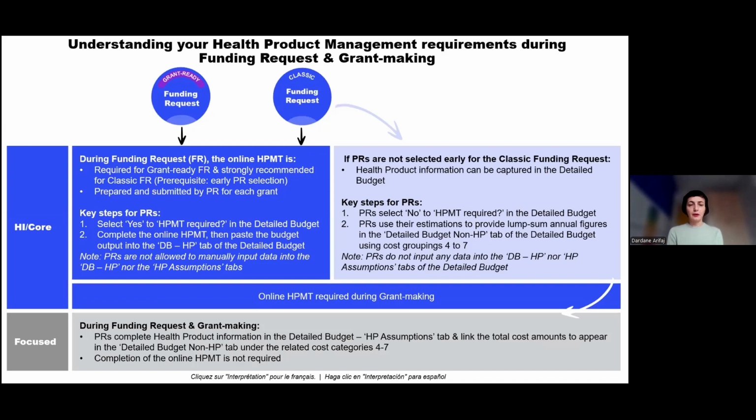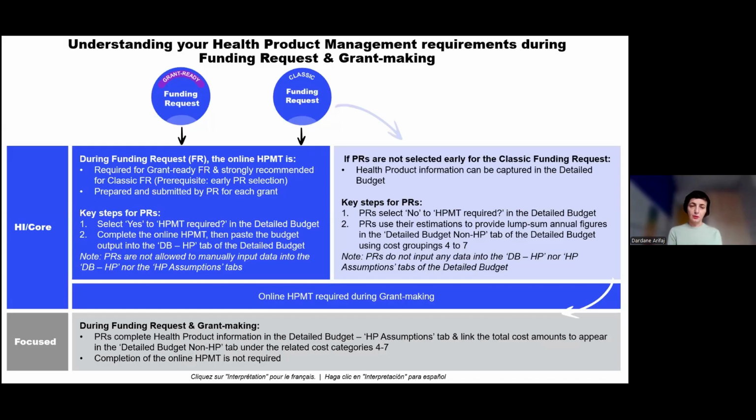For the focus countries, we will talk about that more later. But what is essential to understand is that for funding requests for the focus countries, HPMT is not requested. If a PR still wants to fill it out, okay, but we don't anticipate that.